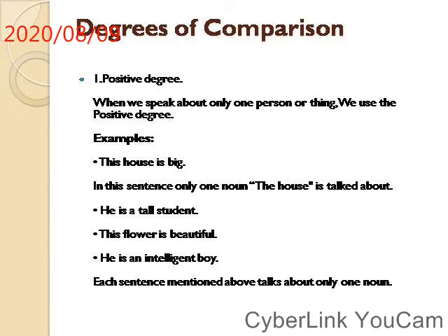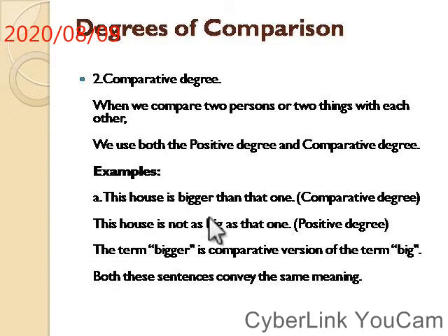Next, comparative degree. When we compare two persons or two things with each other. So unlike positive degree, in comparative degree we will have two persons or two things or two nouns.